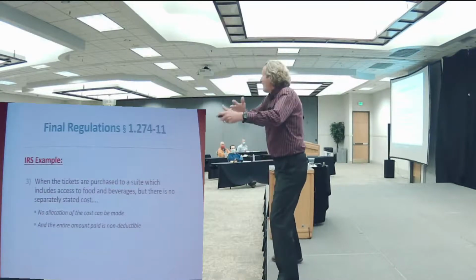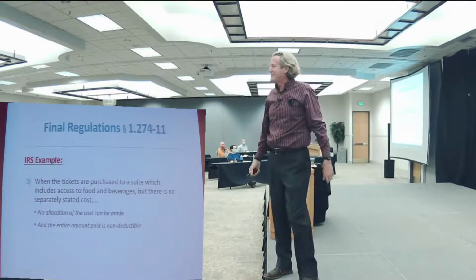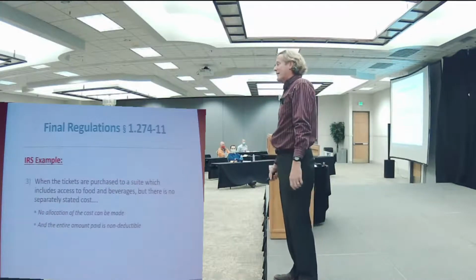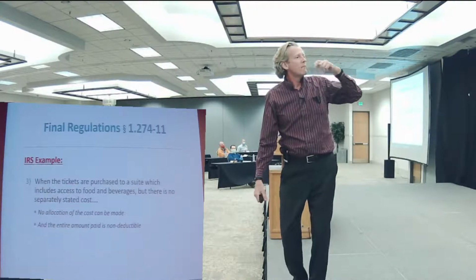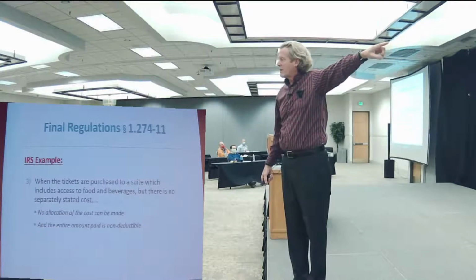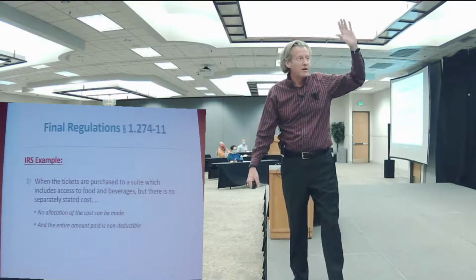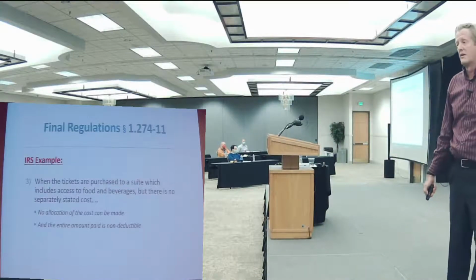And so you don't have to wait in the long line down the hall and all that. You can just do that. Oh, it's wonderful. Especially if you're bringing spouses and kids with, trust me. If it's just, this is what it is for a seat or box in the suite or whatever, that's it, and no allocation. The entire amount paid is non-deductible.